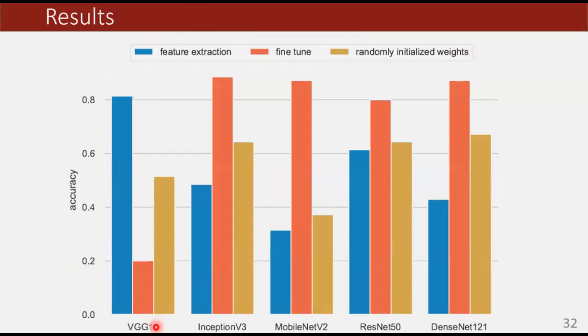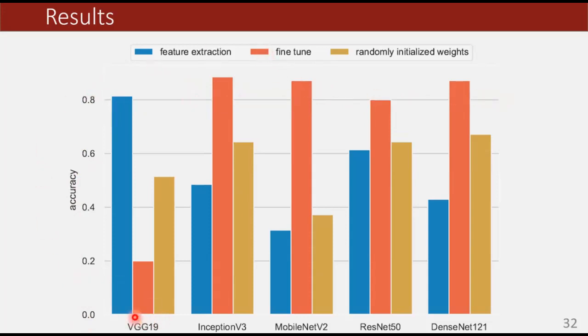So I'm going to ignore VGG a little bit, and I'm going to highlight here that fine tune was always much better than all the other approaches for the classification of the fusulinid data. So this is the accuracy on the test set. This is the 80% mark here.